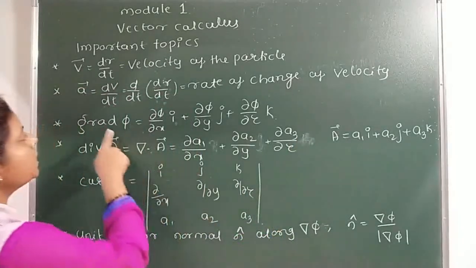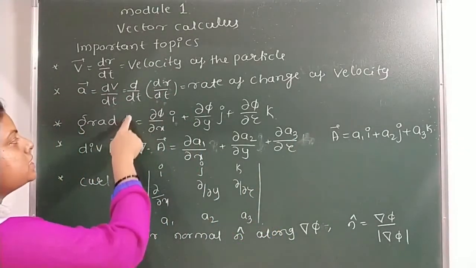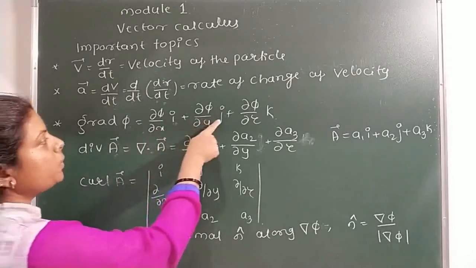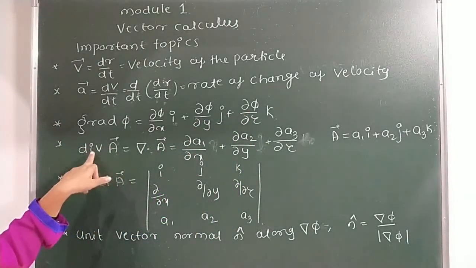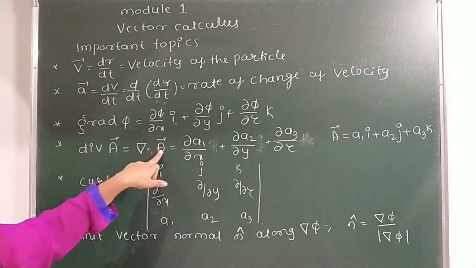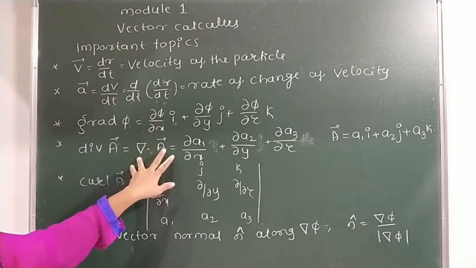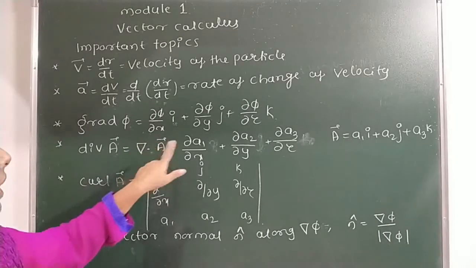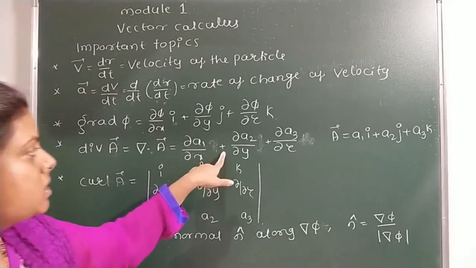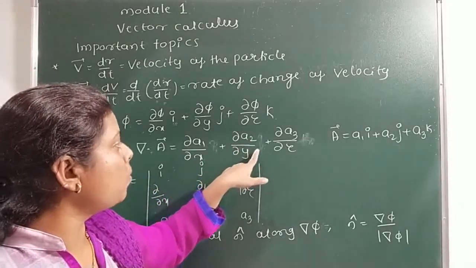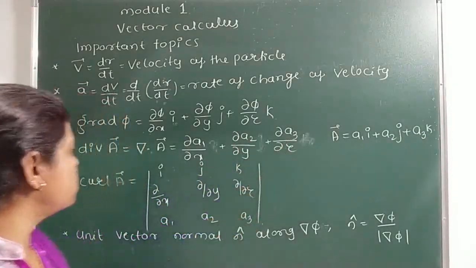Whenever you get grad phi, phi is a scalar quantity, and only then will you get i, j, k terms. Here del is a vector and vector A is also a vector. The product of the two vectors gives ∂a1/∂x plus ∂a2/∂y plus ∂a3/∂z.